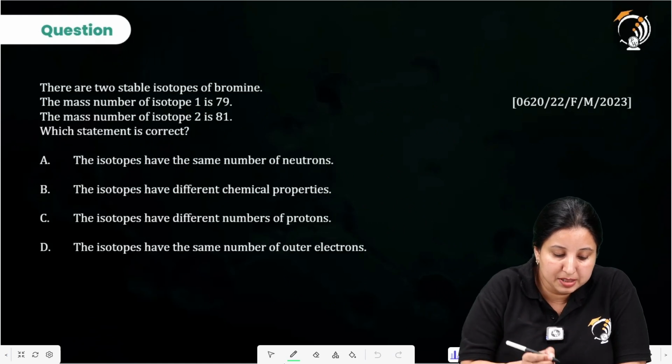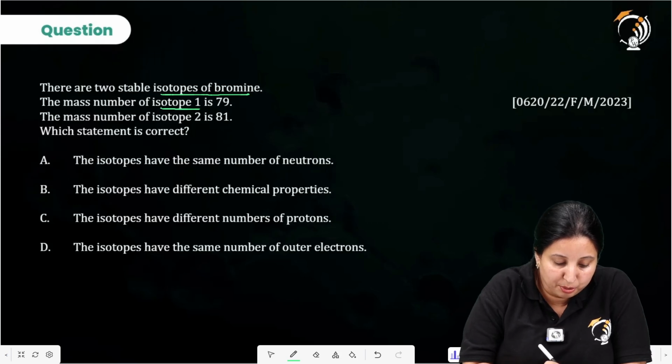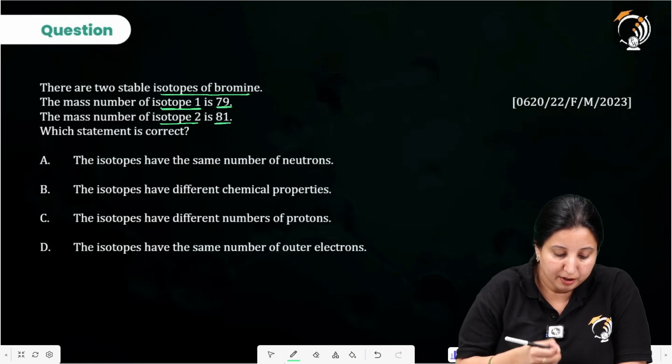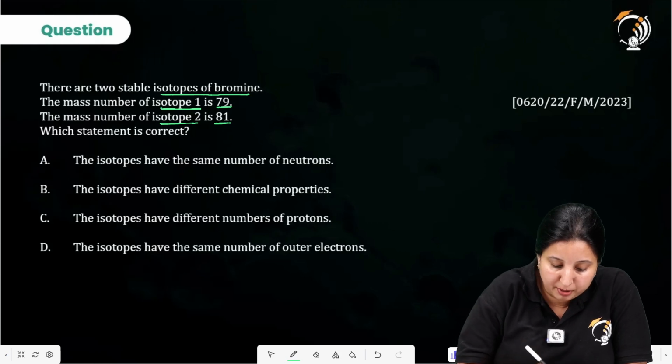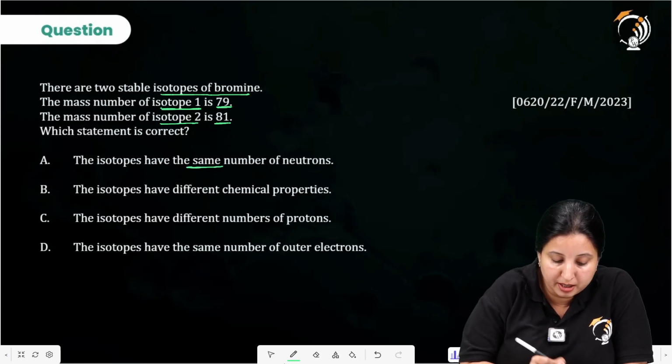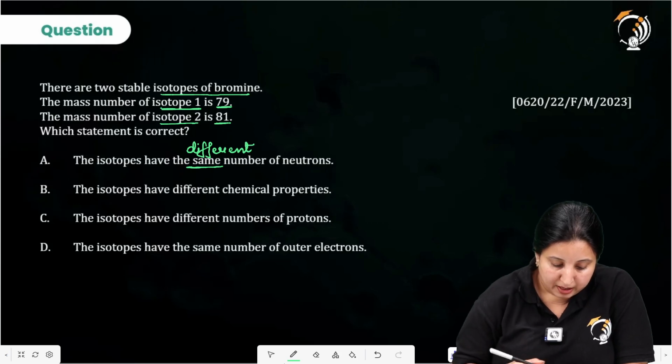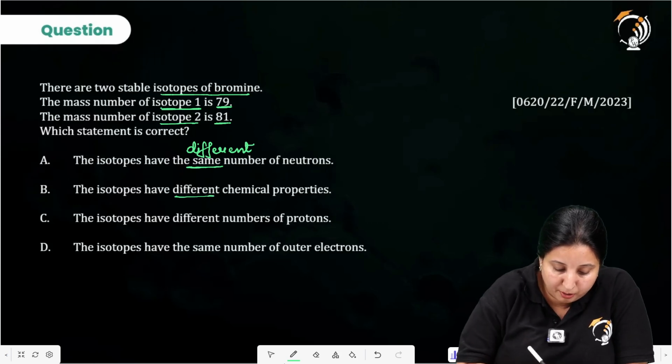There are 2 stable isotopes of bromine, that is isotope 1 is 79 and isotope 2 is 81. Which statement is correct? The isotopes have the same number of neutrons. This is going to be the wrong statement. Why? Because isotopes have different numbers of neutrons. Isotopes have different chemical properties.